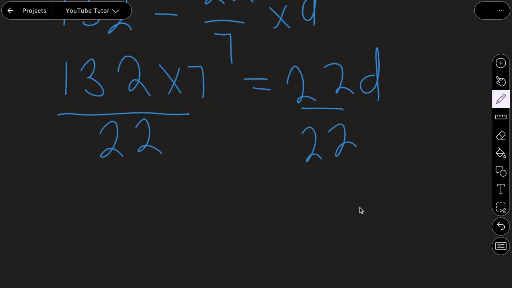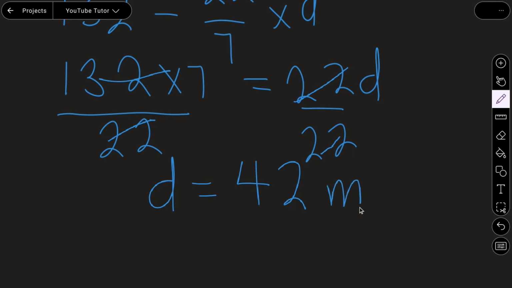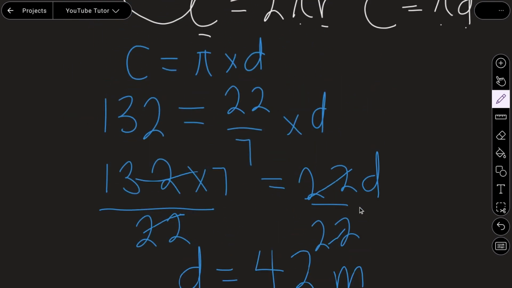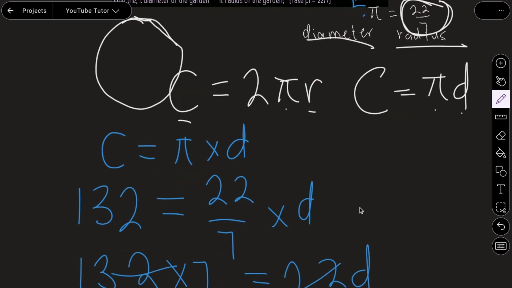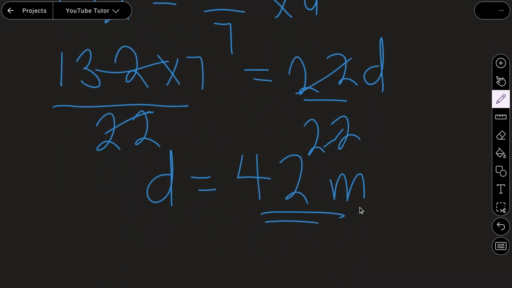And when we divide 2 by 22, we are sure to get d to be equal to 42. But there should be a unit, which is meters, because the question was given to us with 132 meters being the perimeter. So don't forget to add the meters.